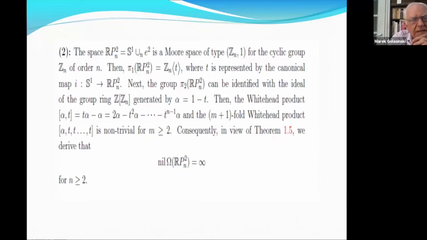It is generated by alpha equal to 1 on T. Then, like in the previous example, we can consider the weighted product of alpha and T, and you can show that this weighted product is given by this form, that is 2 alpha minus T alpha minus T^-1 alpha. And then we can iterate this, and when you iterate, this product doesn't vanish. So like in the previous example, we see that the nilpotency class of this space is also infinite.